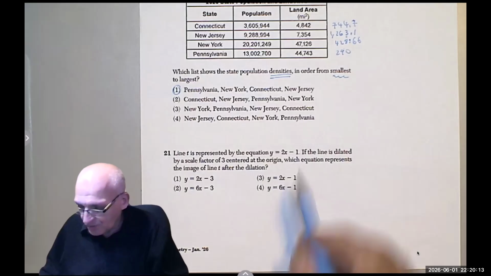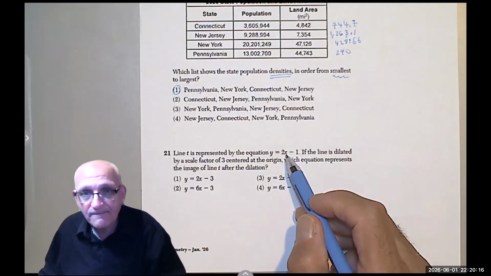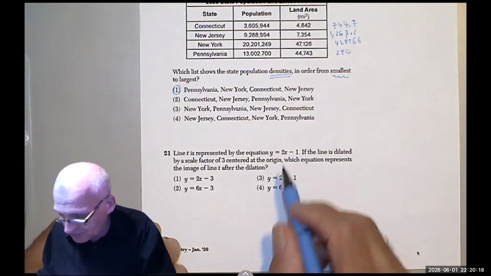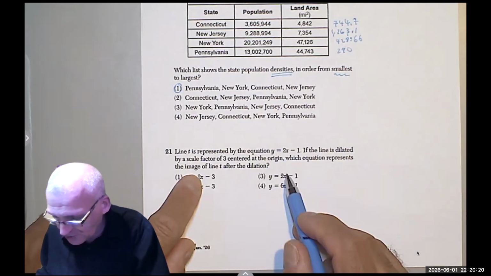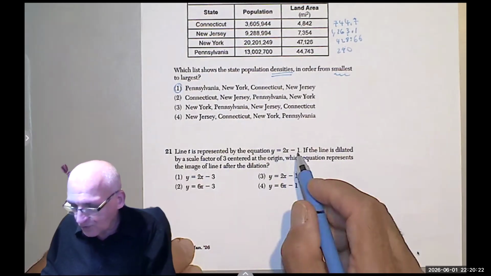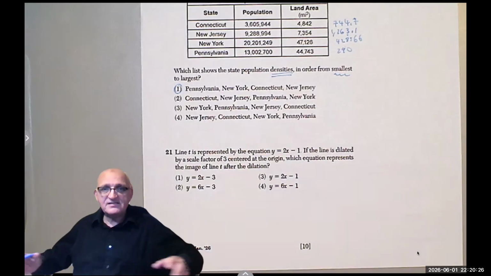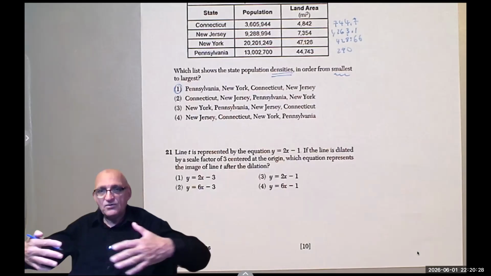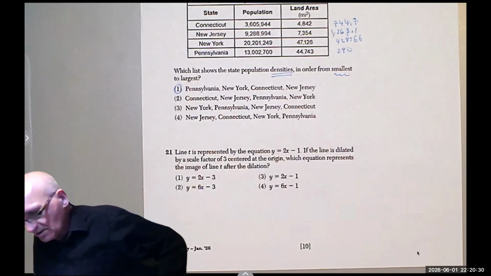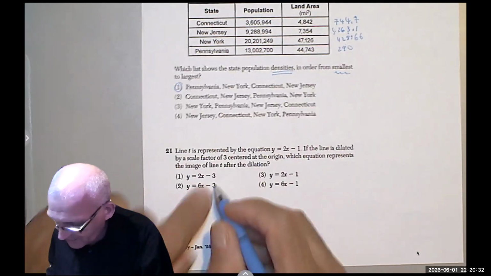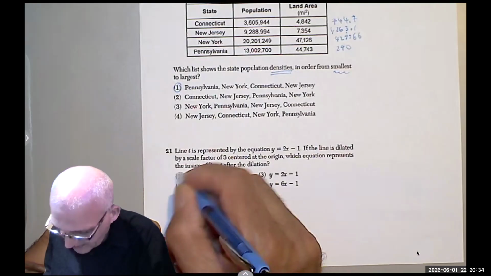The slope would always be 2. Okay? So it's one of these two. Notice that if the y-intercept is 1 and you dilate it 3 times, now this line would have a y-intercept of 3, so it would be 2x minus 3.